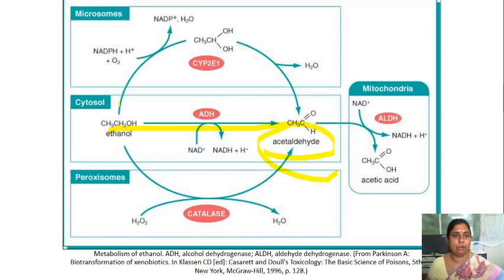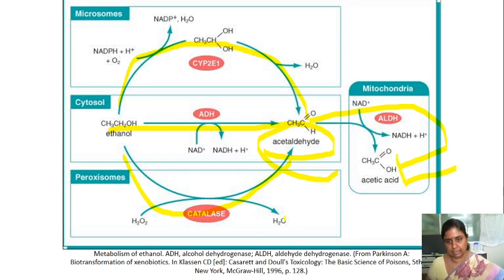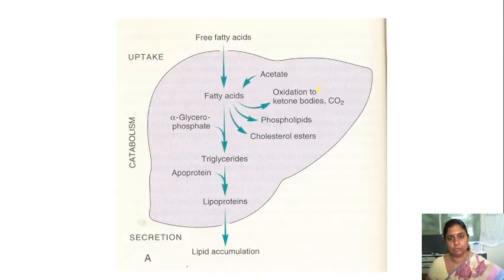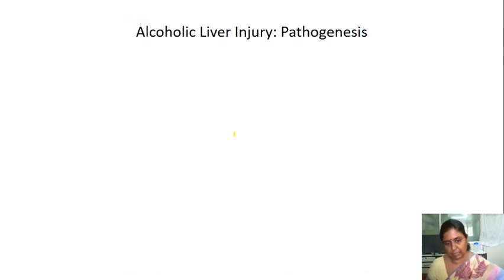Then some of it is also converted in the microsomes and some of it in the peroxisomes by use of catalases. And this acetaldehyde again gets converted into acetic acid. Now this acetaldehyde is the hepatotoxin, and it is causing a diversion of the metabolism to fat. So from all sides, the fats are getting accumulated in the hepatocyte.